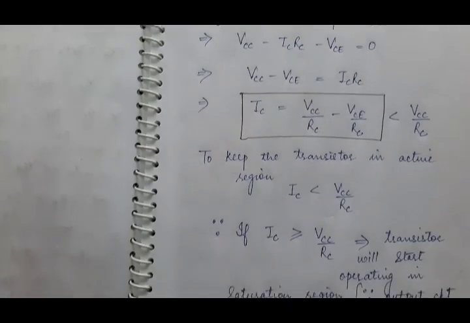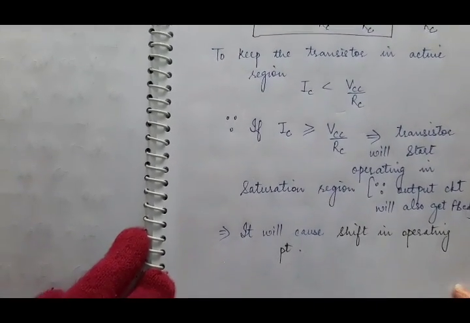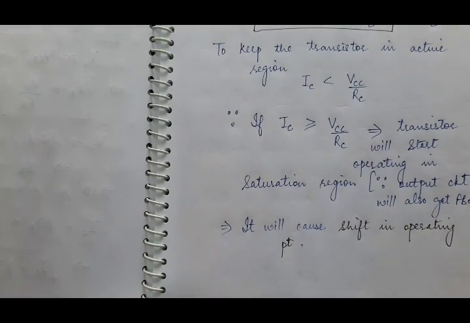I hope you have written the disadvantages and advantages of this fixed biasing circuit. The advantage of the fixed biasing circuit is that it only requires one additional resistance, that is base resistance RB.